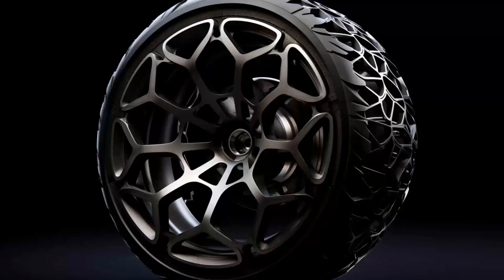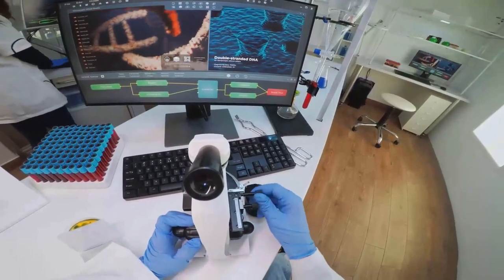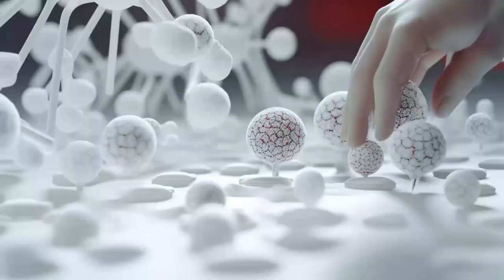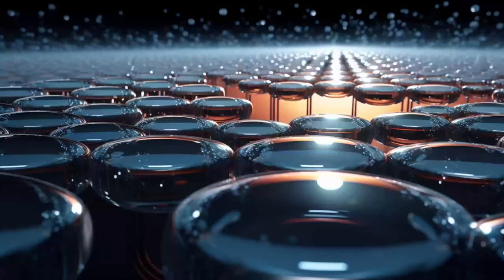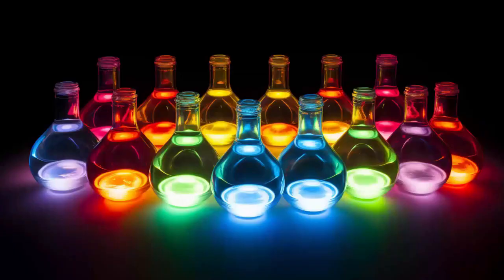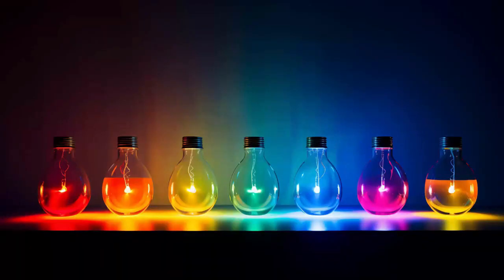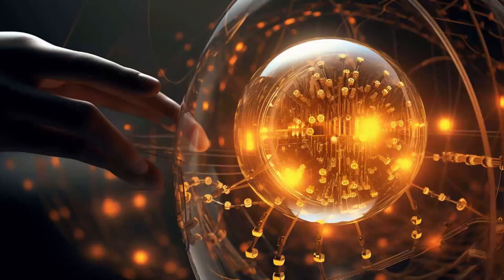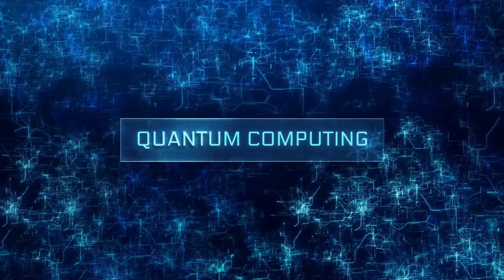Additionally, ensuring the safety and environmental impact of nanofabricated materials is a priority, as their unique properties may pose unforeseen risks. Nanofabrication represents a paradigm shift in how we create and interact with technology. By enabling the precise manipulation of matter at the nanoscale, it opens up possibilities for breakthroughs that were once confined to science fiction.